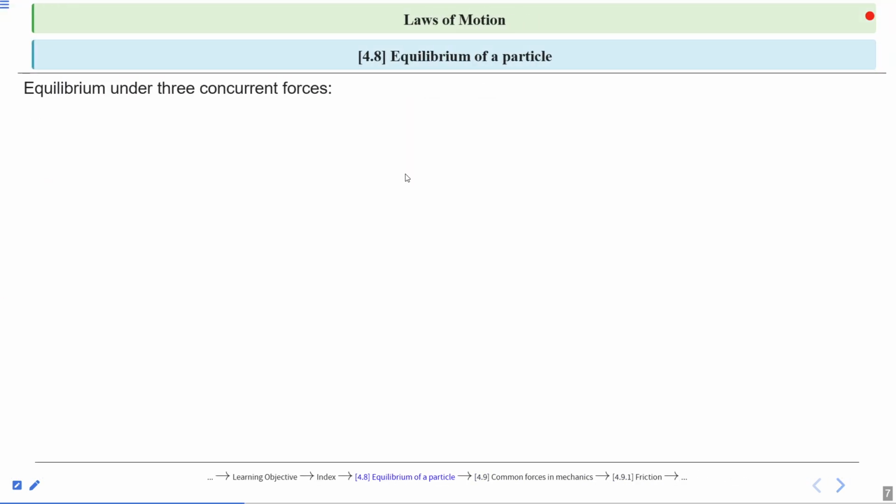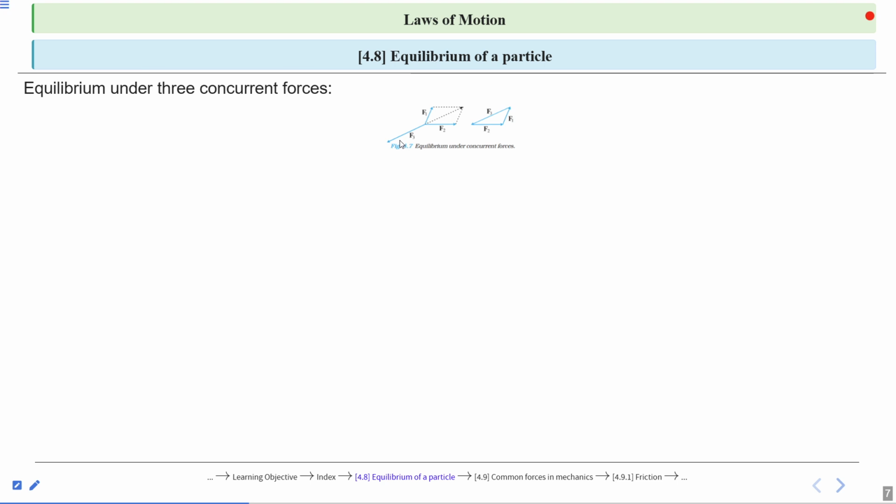Now, suppose we have three concurrent forces. So, the equilibrium under three concurrent forces. We have three forces F1, F2, F3.